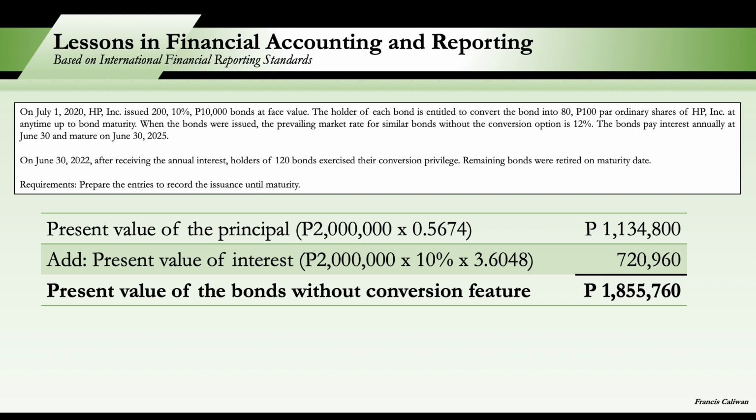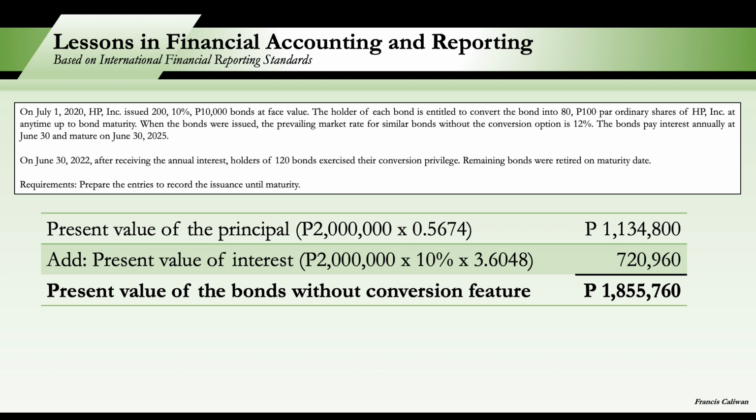So the present value of the bonds payable or the present value of the bonds without the conversion feature is 1,855,760. Next, we determine the value assigned to the conversion feature. So that amount of 1,855,760 is deducted from our issue price. Our issue price is how much?